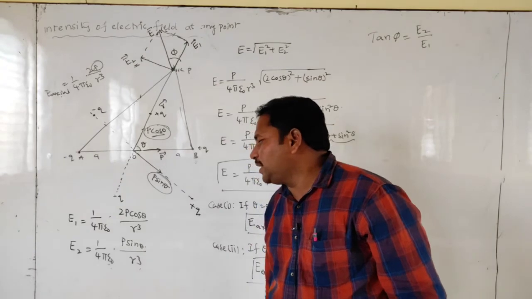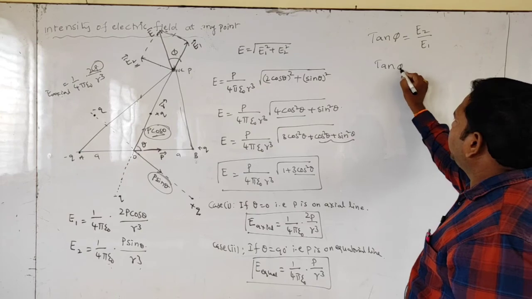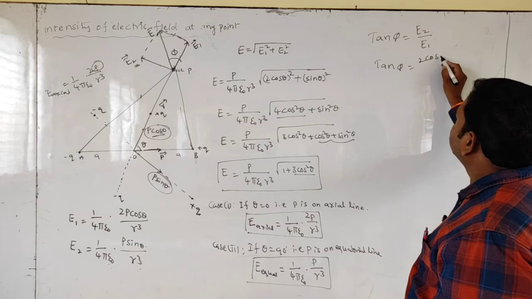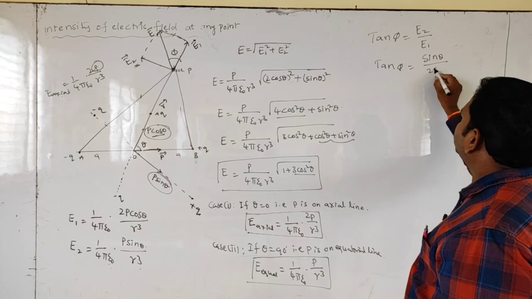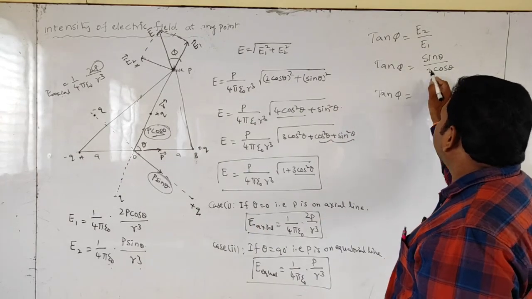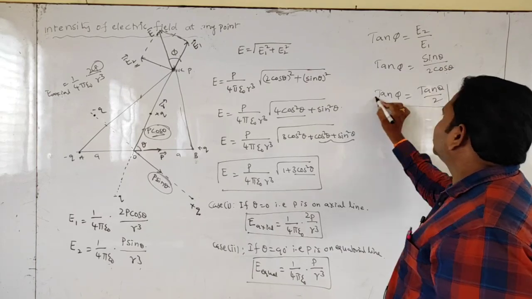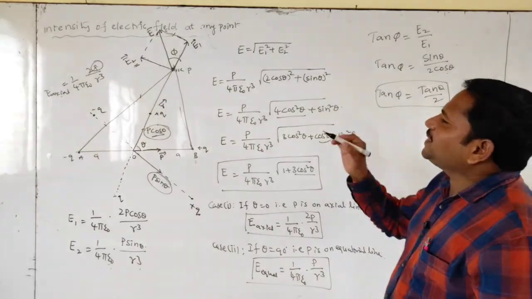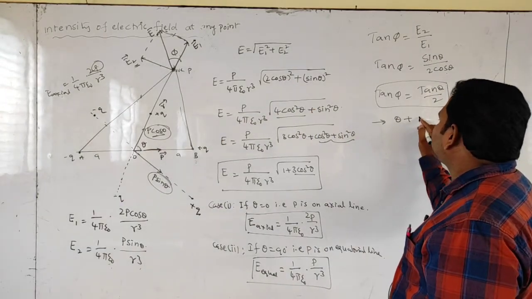Now we get tan phi equals sin theta by 2 cos theta, and p also cancels. So tan phi equals tan theta by 2. This is the expression. Now how much does the resultant make with the x-axis? The resultant makes an angle theta plus phi.